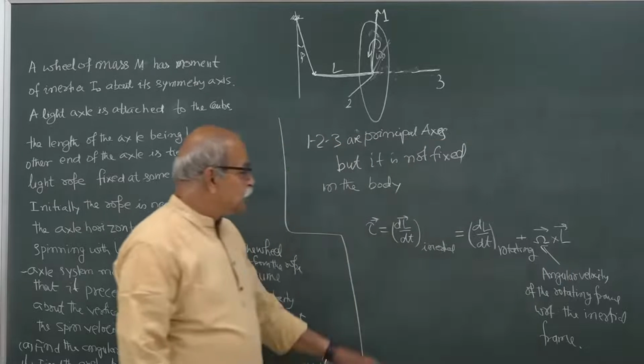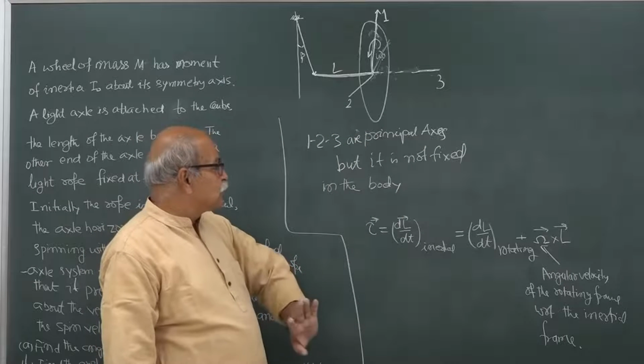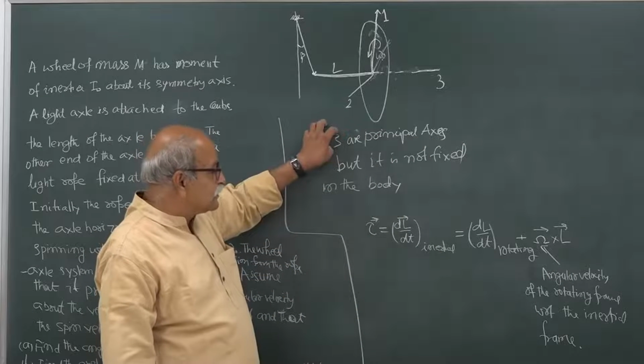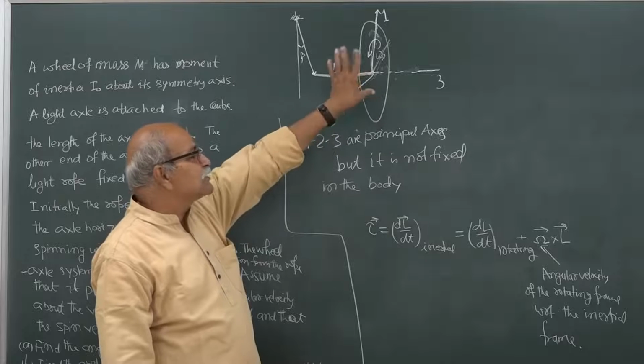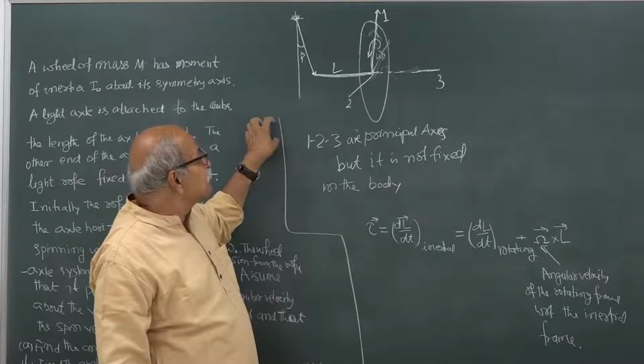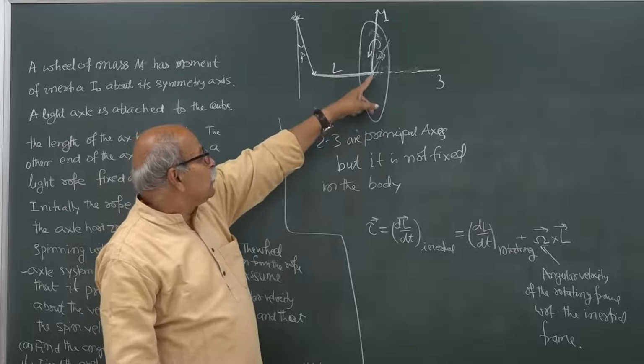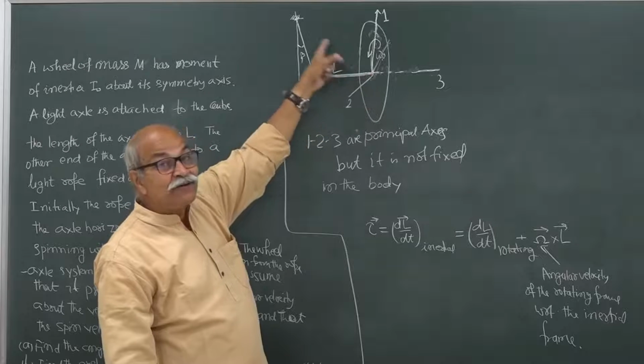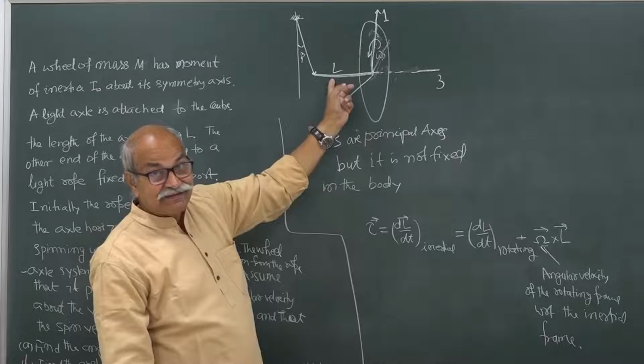All right. So, we have chosen the 1, 2, 3 axis rotating frame of reference. This frame is rotating, and if I look from the lab, from the inertial frame, this origin is also going on a circular path.